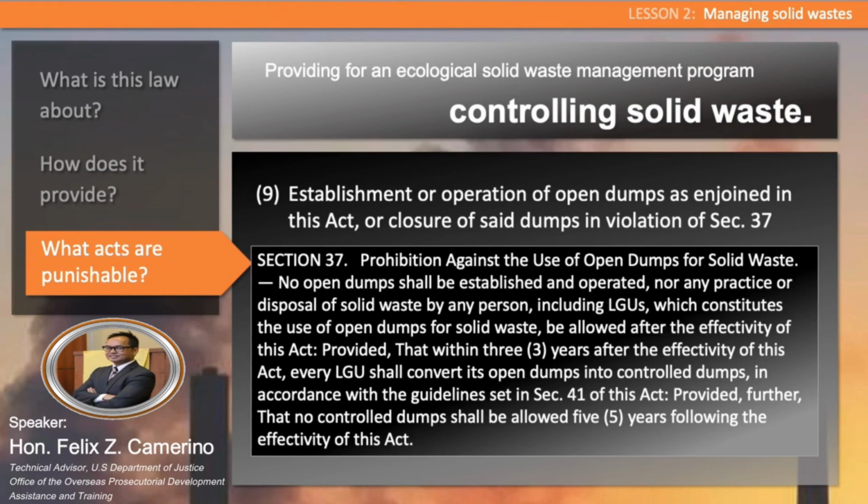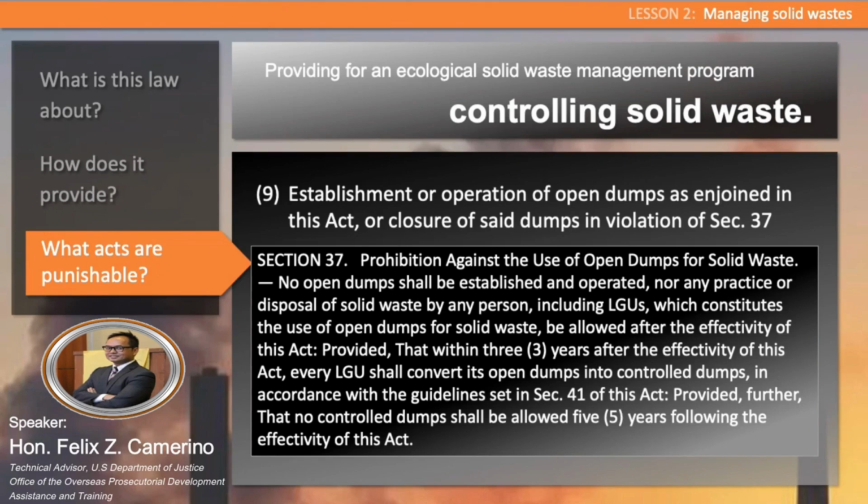Okay, so in what we just read, we're seeing that the specific acts are, again, the act of establishing and operating open dumps. It explicitly said that you cannot establish or operate. In addition to that, it also says that you cannot dispose of solid waste, whether you're a member of the LGU or just a regular average person.